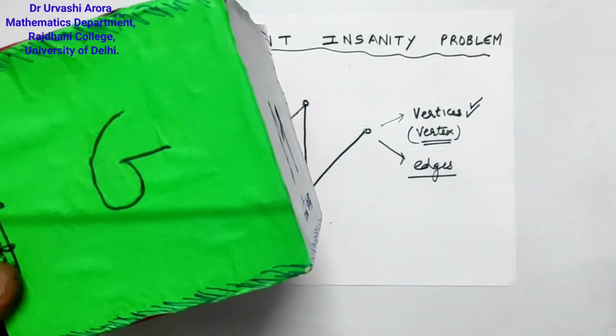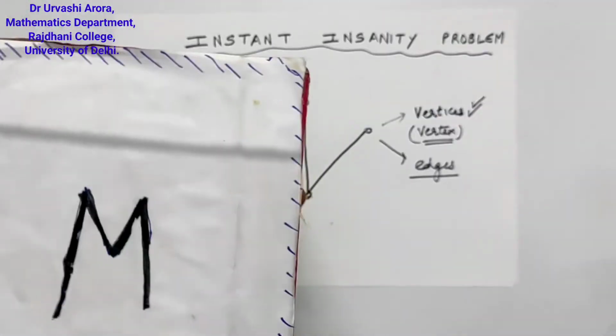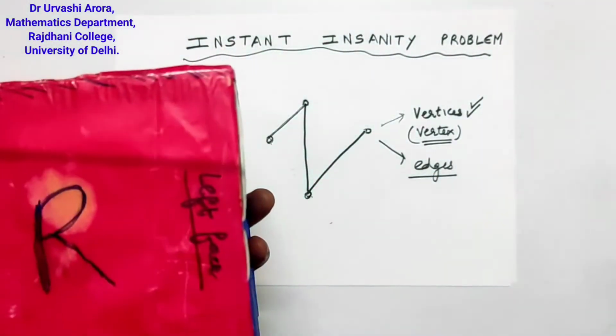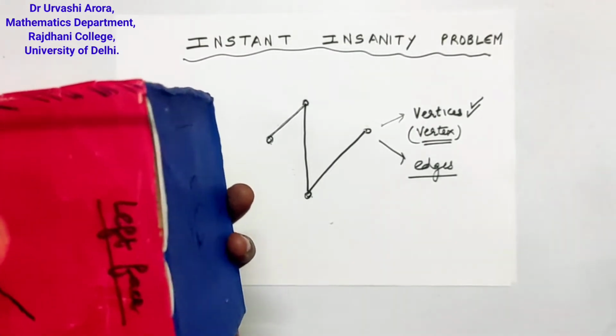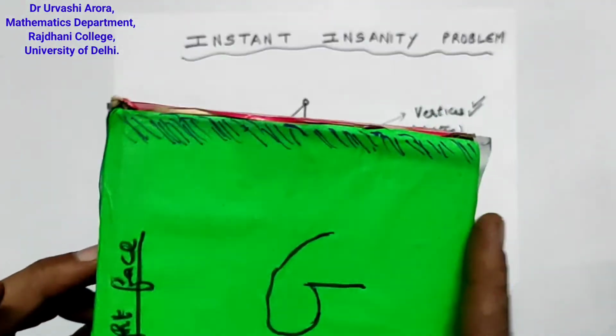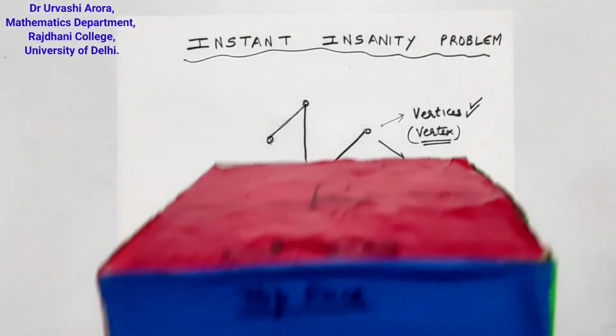So along these edges which have been marked with slanted lines, this edge, this edge, this one, this one, this one, this one, I cut the cube and open it up, and try to find out what I finally get after cutting it out.